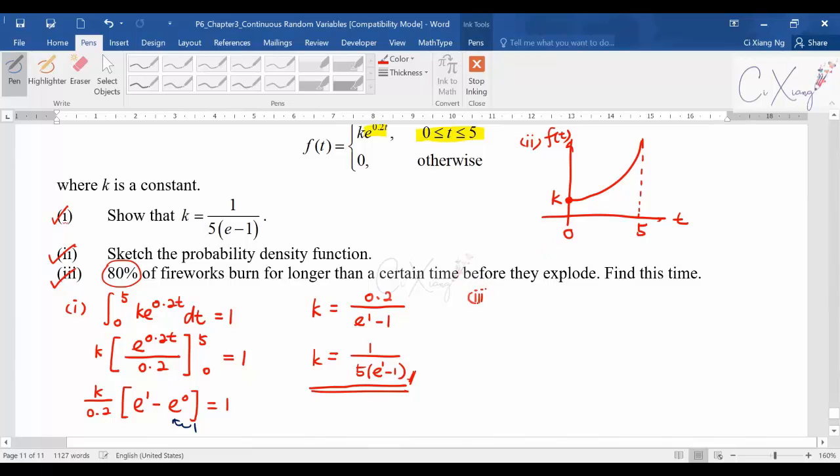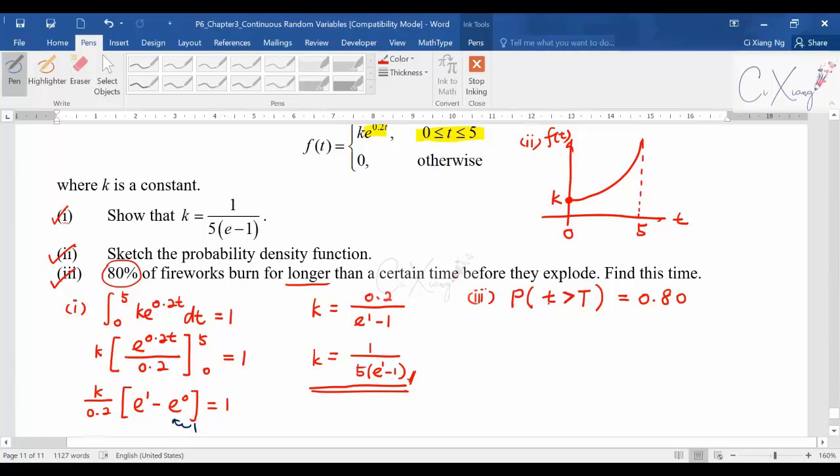When the firework burns for longer than a certain time, that means P(T > t) equals 0.80. Longer means greater than. A certain time means t that you don't know, and you want to find t, and the probability is equal to 0.8.